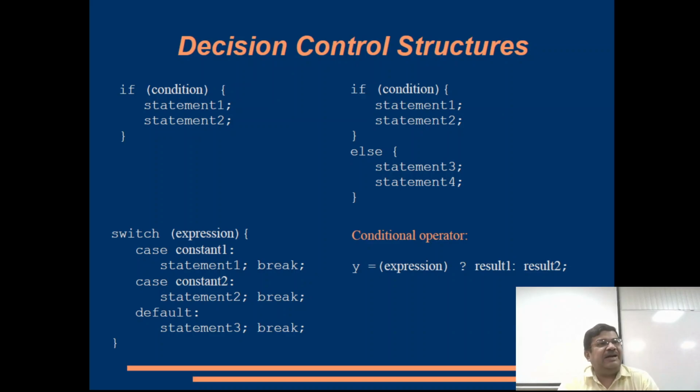But it does not add anything new. It is not something that cannot be done by using an if statement or if-else statement. For that matter, even switch is not necessary. Whatever you can achieve by switch can always be achieved by the basic if statement or even an if-else statement.